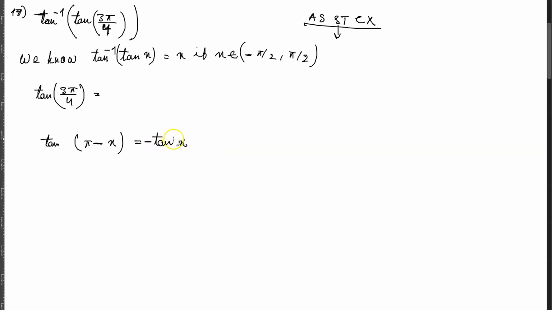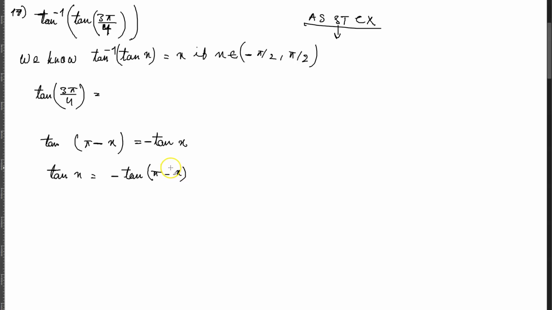Now let's see if we can use this one over here. So tan of pi minus x is equal to negative tan x, which means you can write this as tan x is equal to negative tan of pi minus x. So that way you can write it as well.